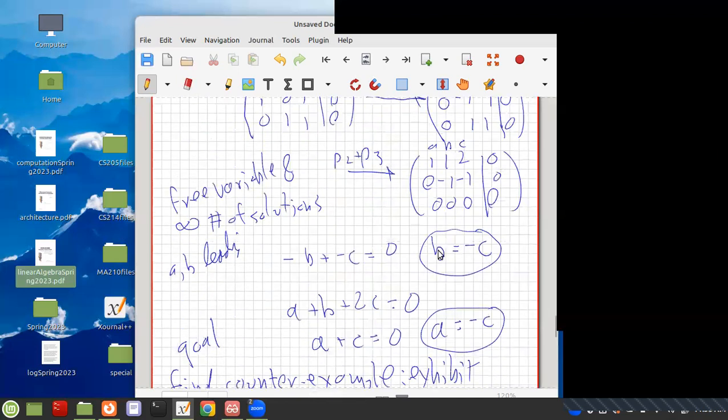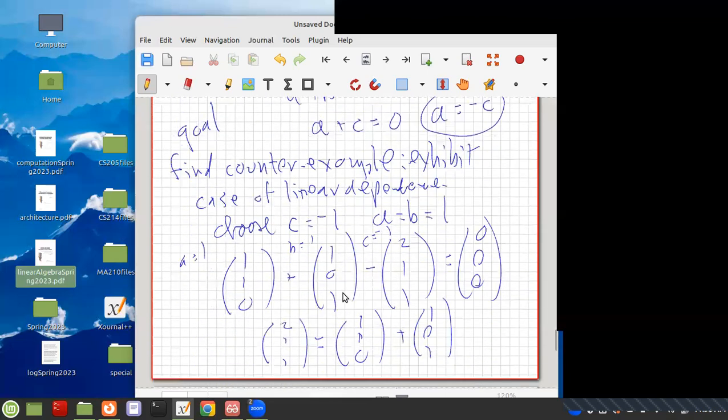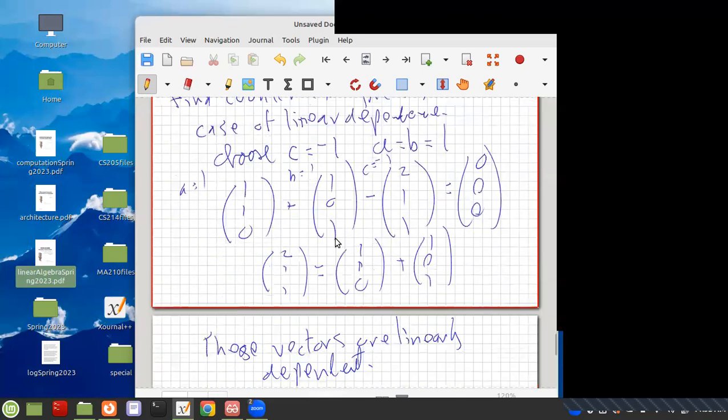But on a homework problem, I'm going to ask you to find a counterexample, because you could choose C equals 0. But if you find a counterexample, then you're actually exhibiting a case of linear dependence, which emphasizes the educational point that yes, this abstract thing really did lead to linear dependence.